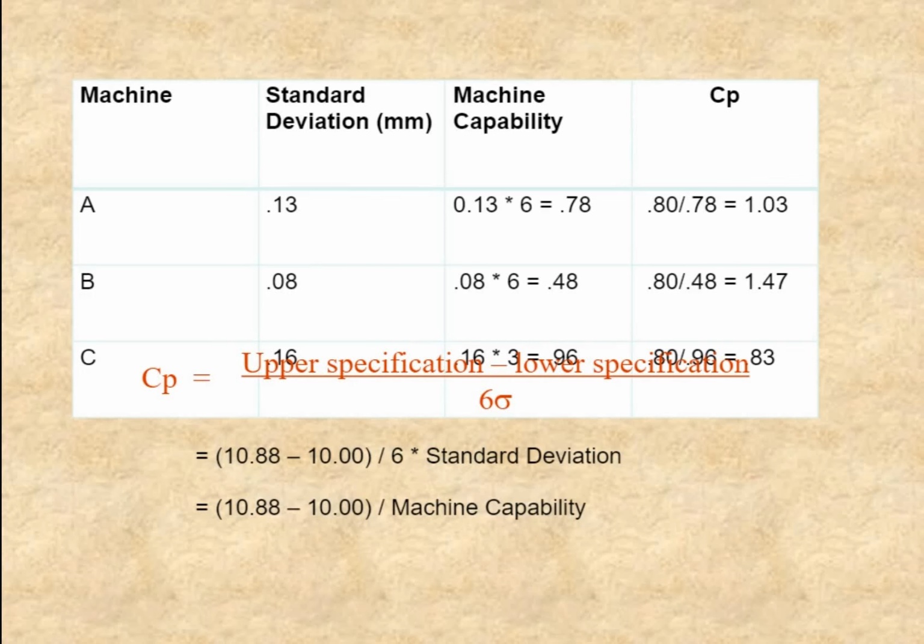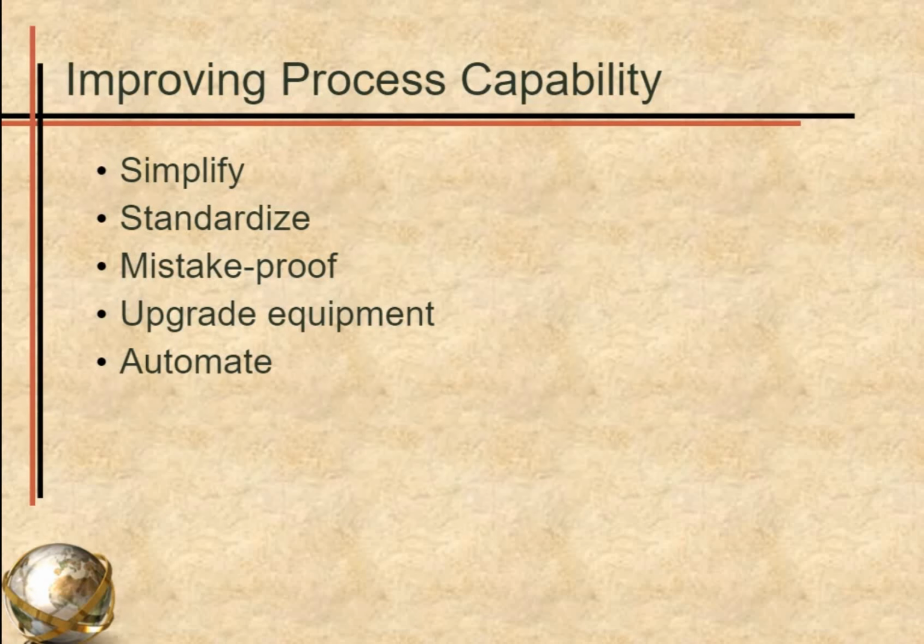This one probably is the one we're going to choose if we only consider process capability, and we leave other things, for example the cost and other factors, aside. So in terms of process capability, it is the best. There are different ways to improve the process capability.